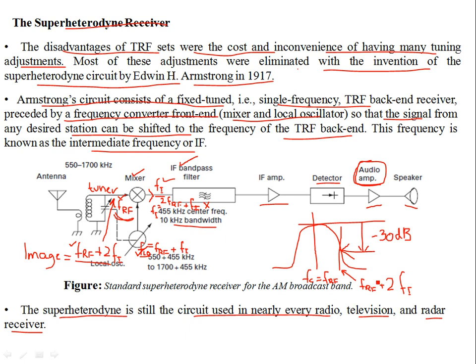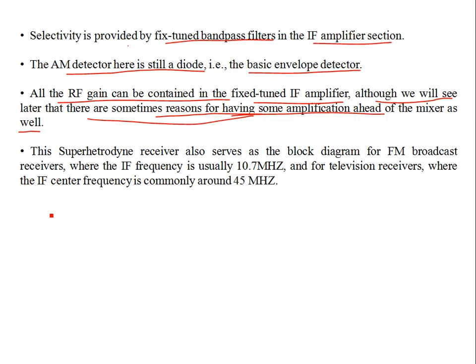So that's how you can employ a bandpass filter ahead of the mixer to get rid of the image frequency. The superheterodyne receiver also serves as a block diagram for FM broadcast, where the IF is 10.7 megahertz. For television, I've already told you this is around 45 megahertz.